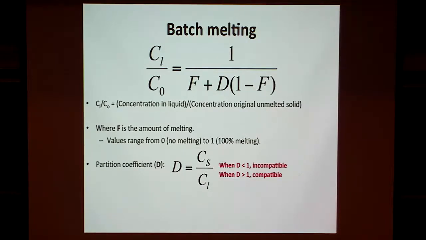So this varies. So your initial concentration of your solid can also vary laterally? Well, the mantle is a heterogeneous place, so yeah. So you're just assuming some average composition for the source. Yeah. Dirty laundry. This is really simple.